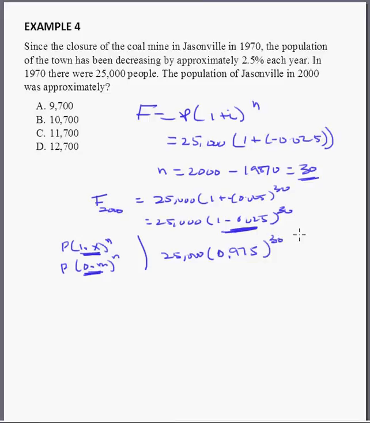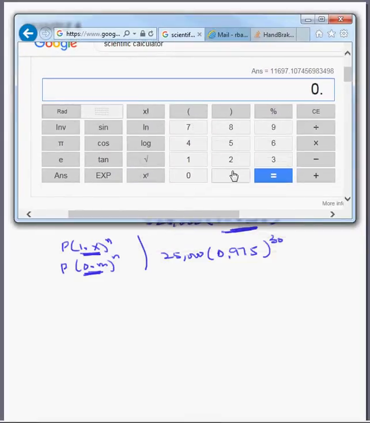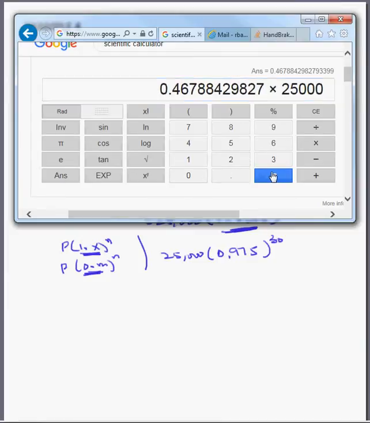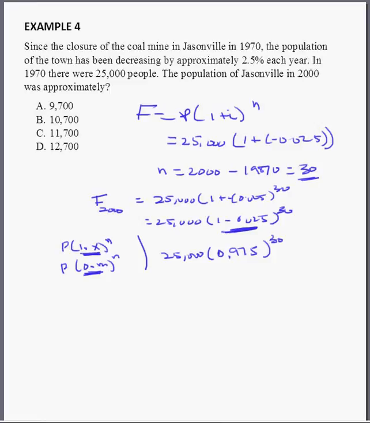So let's just take our calculator and do this quick. 0.975 to the power 30 will give me this, and I multiply that by 25,000, and that gives me 11,697, which is just about 11,700, and therefore your answer choice will be C.